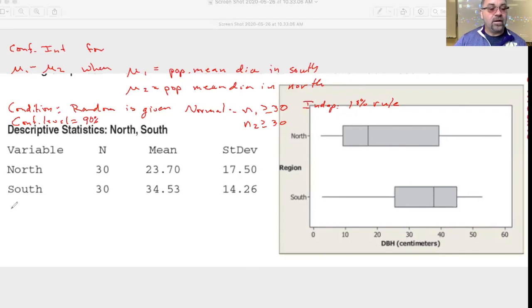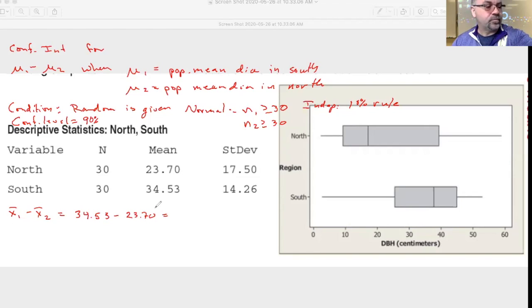Okay, so sorry. The point estimate is going to be x1 bar minus x2 bar. Well, in this case, x1 bar is 34.53. X2 bar is 23.7. You can see that right here.